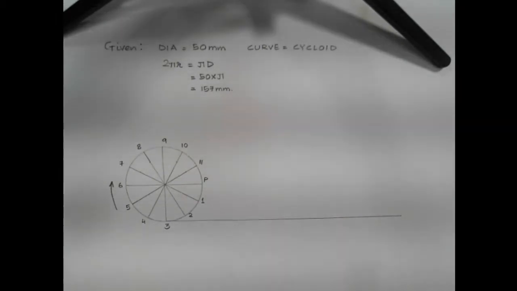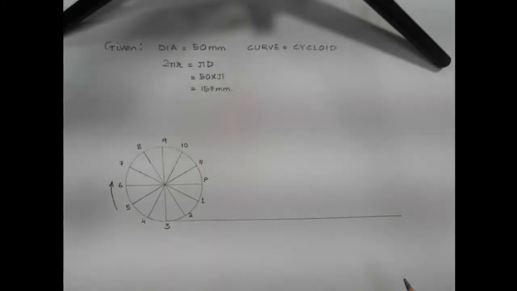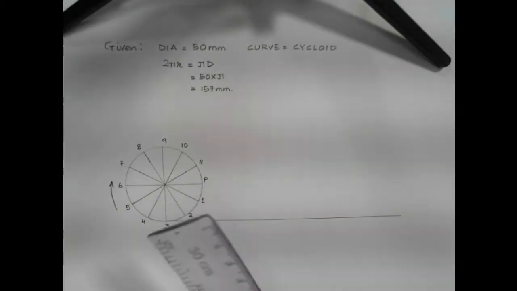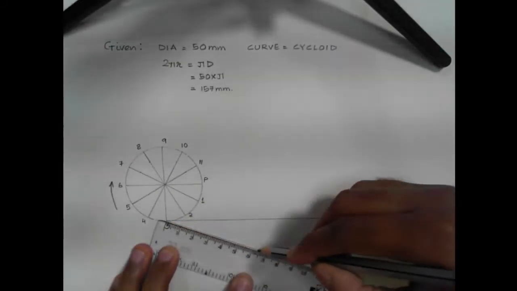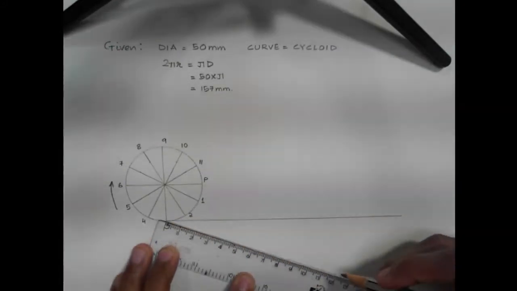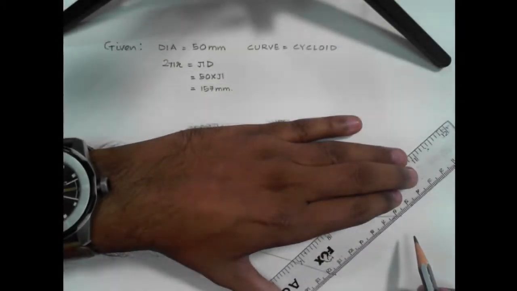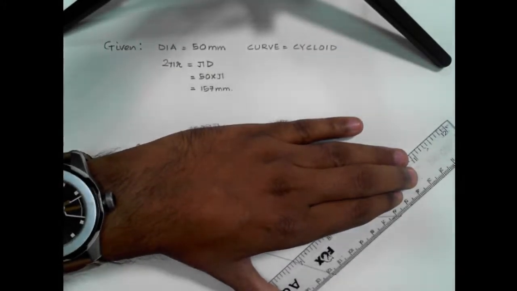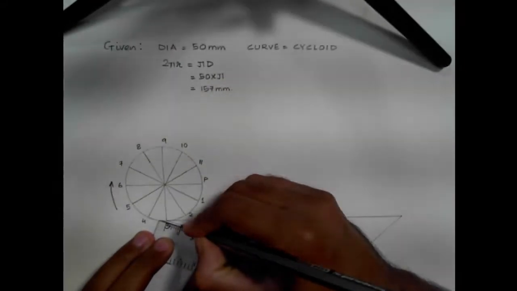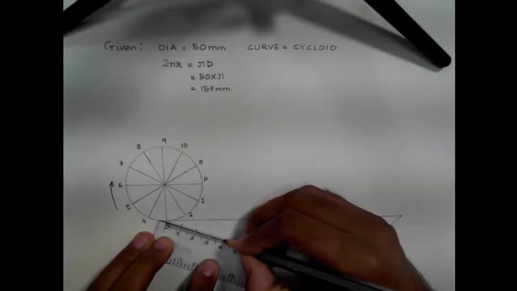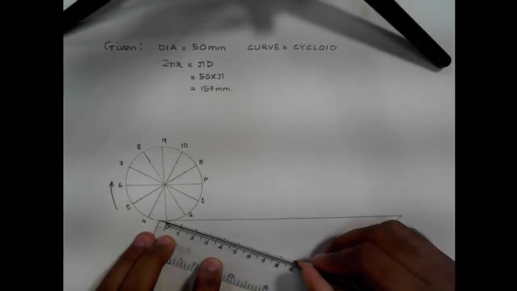So let us now divide this line, which is pi d, into 12 equal parts, wherein we take 12 centimeter. We will take 12 centimeter and join this point with this point. All these lines should be light. So I mark those divisions of that 12 centimeter line.